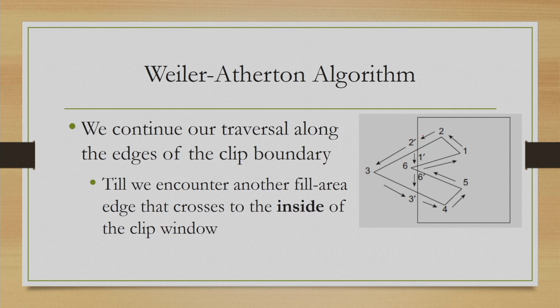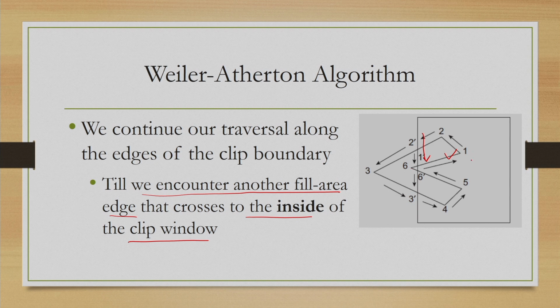Now, along the boundary traversal we continue till we encounter another fill area edge that crosses to the inside of the clip window. So, here as you can see, if we follow an anti-clockwise traversal, then this edge crosses to the inside.